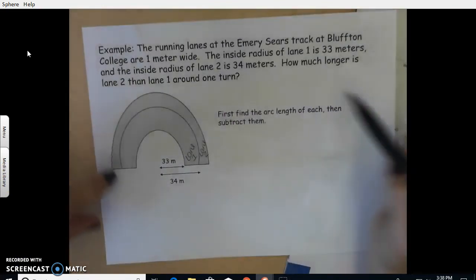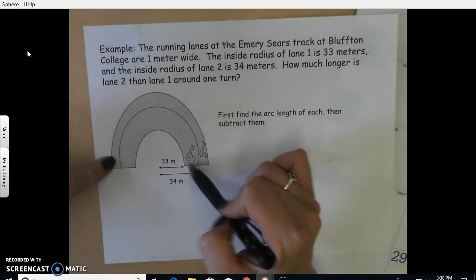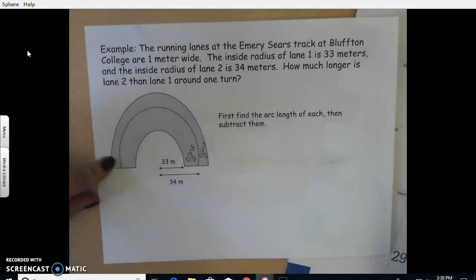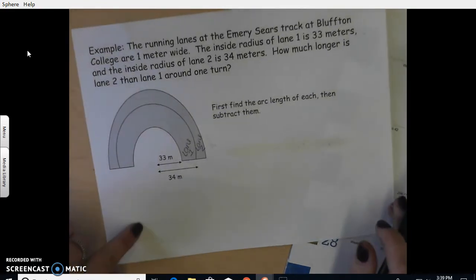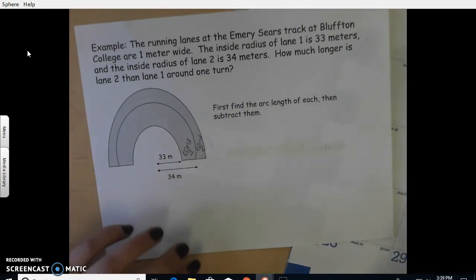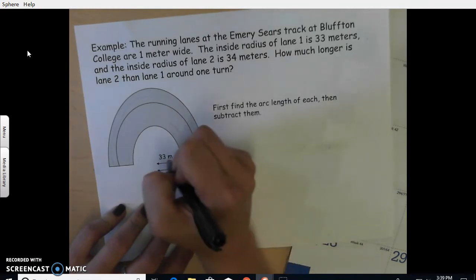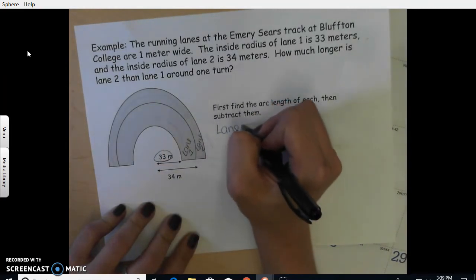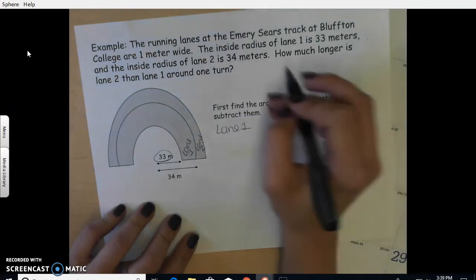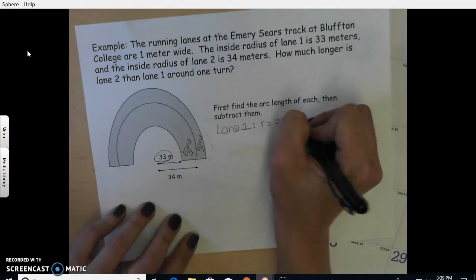So we're going to find the arc length of lane 1, and we're going to find the arc length of lane 2. So in order to find the arc length, we know that our radius for lane 1 is 33 meters.